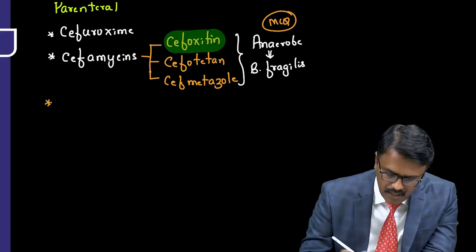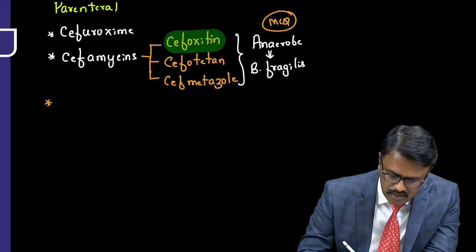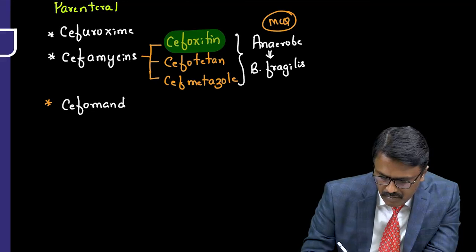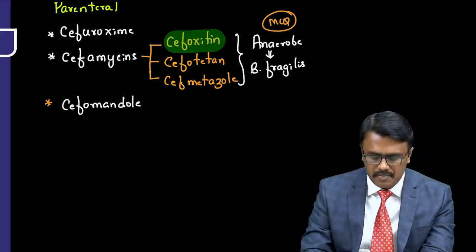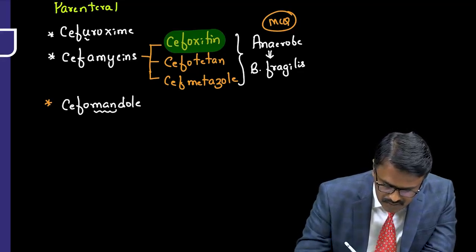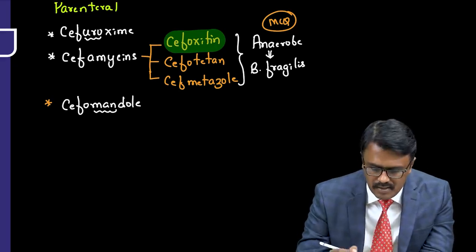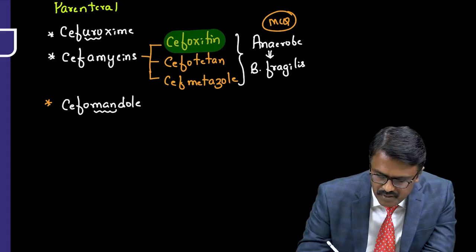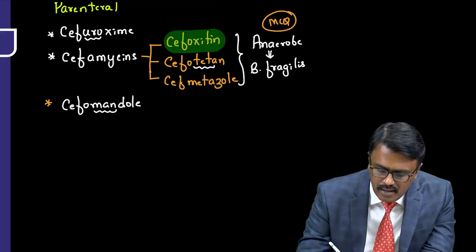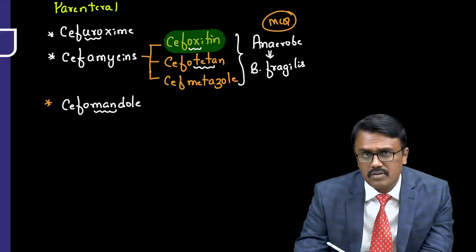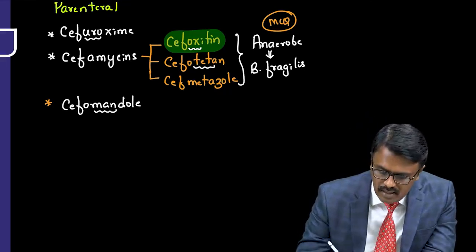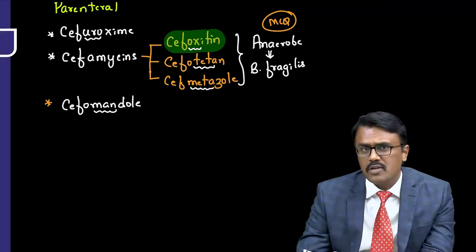Then we have another drug called cefamandole. You can remember it like this. If a man is furious, he will go to the bar and become tight, that is cefotetan, and he will start seeing the fox. He is not really seeing the fox; because of the alcohol you see the fox, and the alcohol gets metabolized, metazole.